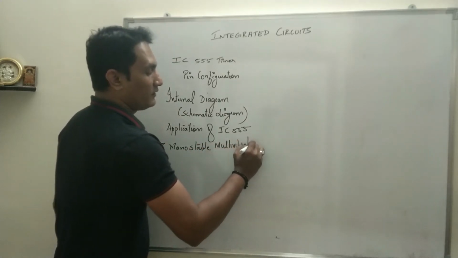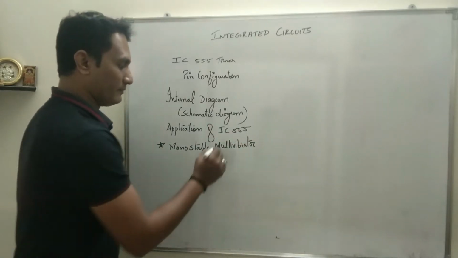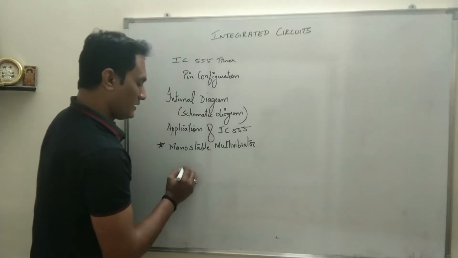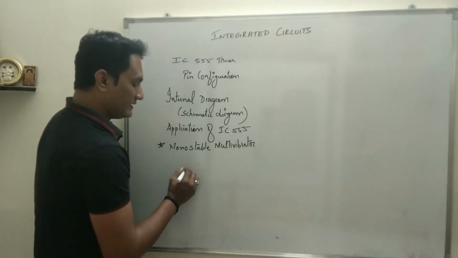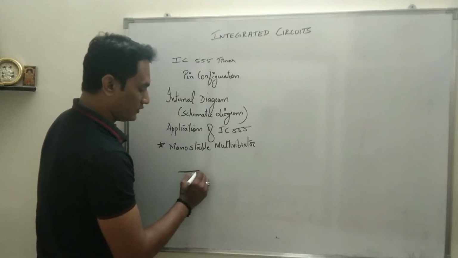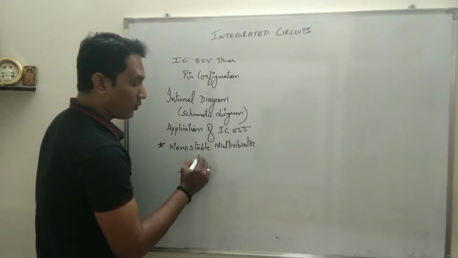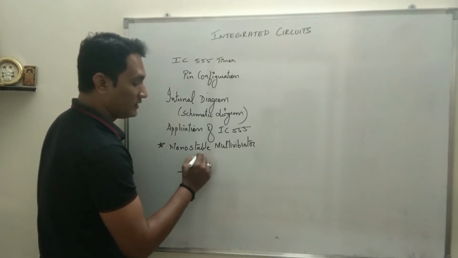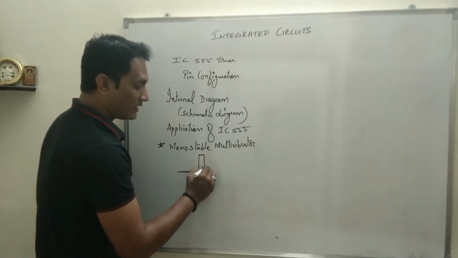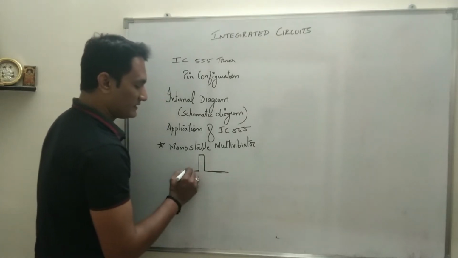That means 555 timer will be used as a monostable multivibrator. Monostable means a digital circuit where the output is always 0. When you give a trigger input, the output will become 1 for a small duration of time, and automatically it will come back to its initial condition, that is 0.